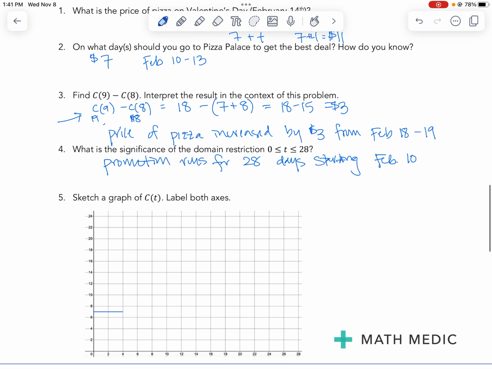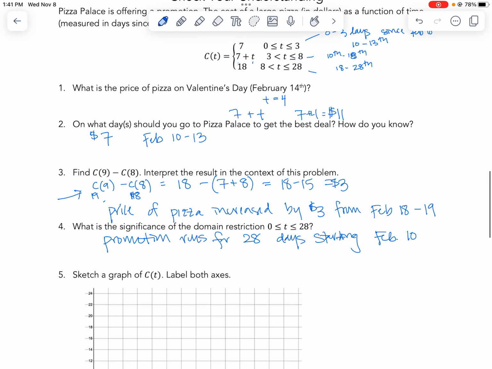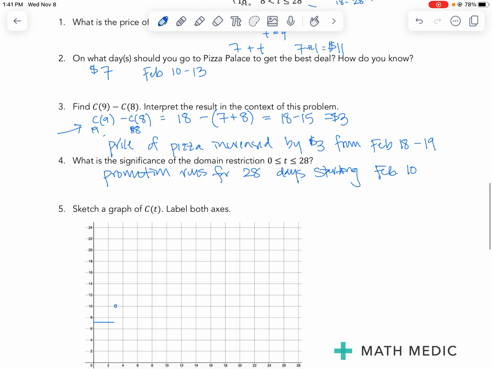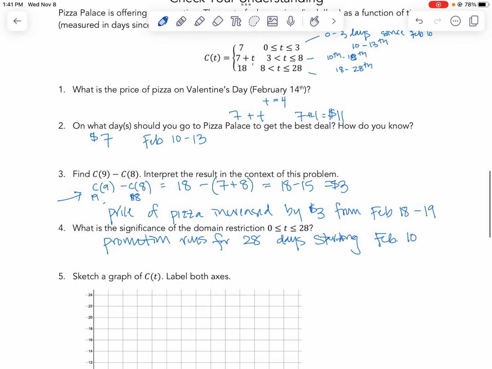Oops, I have to erase a little bit of that. I overran the domain. So $7 for the first 3 days. Okay, and then 7 plus 3 is 10 with an open circle. Is that right? Yep. Up to $18 on day 8.